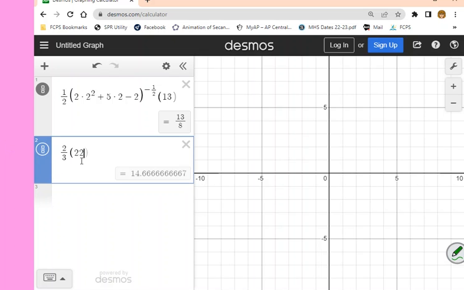I can do 225, and Desmos is perfectly fine if I use the caret, negative 1/3, and then times another 5. And we get that number. Look, it even understands that I mean times 5 when I don't write times. So 0.548. Let's go 3 decimal places.